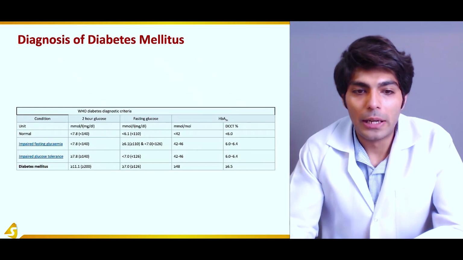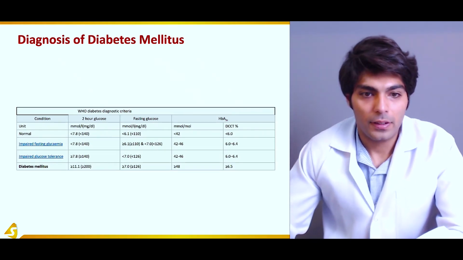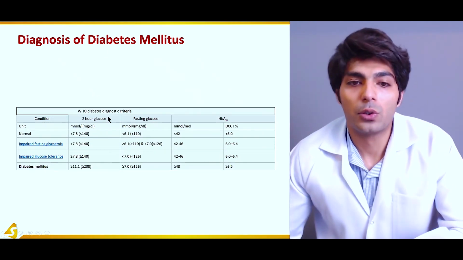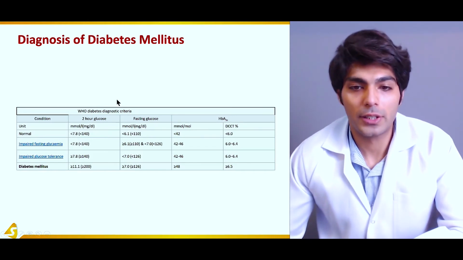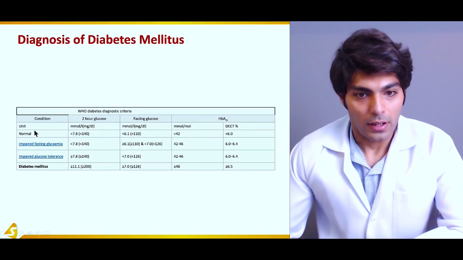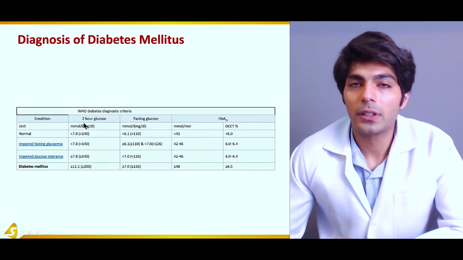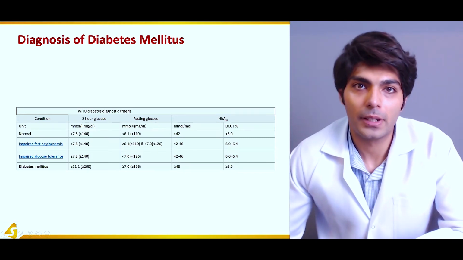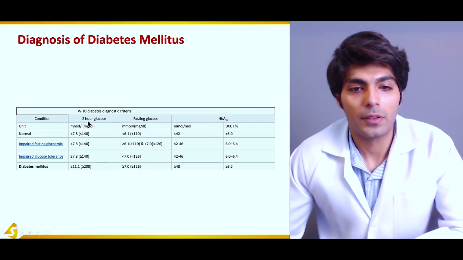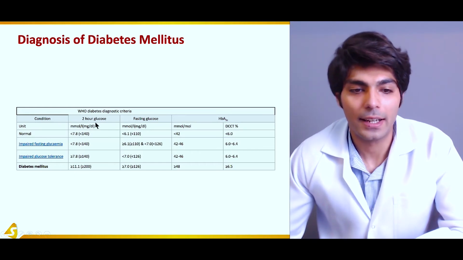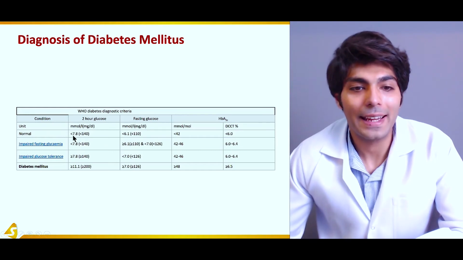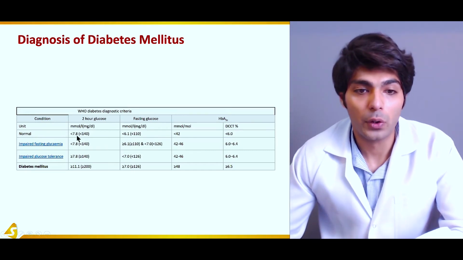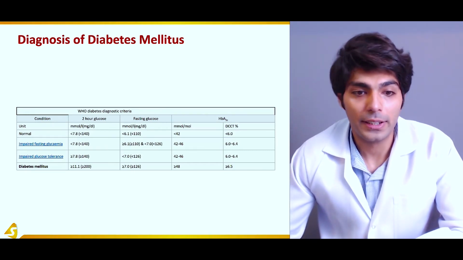Now the diagnosis of diabetes mellitus, according to the WHO diagnostic criteria: after taking a carbohydrate-rich diet, at 2 hours after glucose intake, the normal range is less than 7.8 mmol/L, which is less than 140 milligram per deciliter.